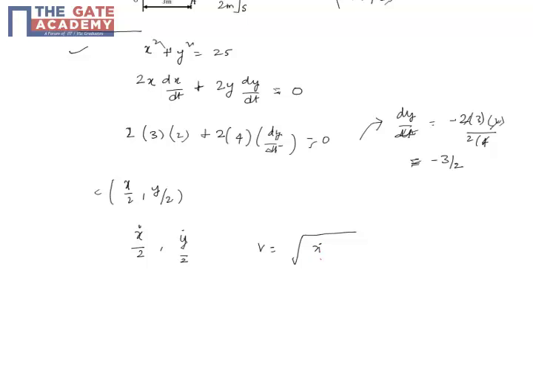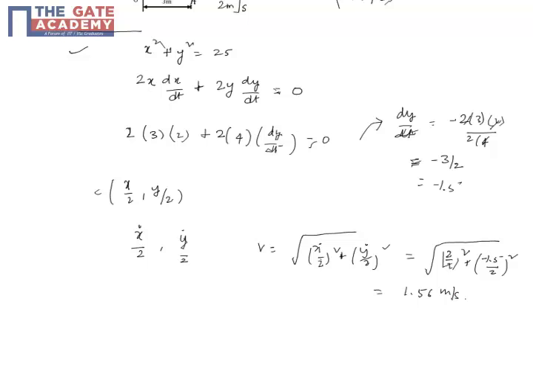So x dot by 2 whole square plus y dot by 2 whole square. x dot, y dot is nothing but dx by dt, dy by dt. So when I substitute, x dot is 2, so 2 by 2 whole square plus y dot is minus 1.5, so minus 1.5 by 2 whole square.